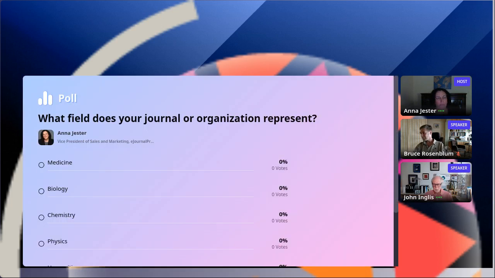All right, so I have stopped sharing my screen. John, if you would like to go ahead and share yours, and I will also launch the first poll for our groups. So I'm sorry, Anna, I'm not seeing the sharing screen icon.